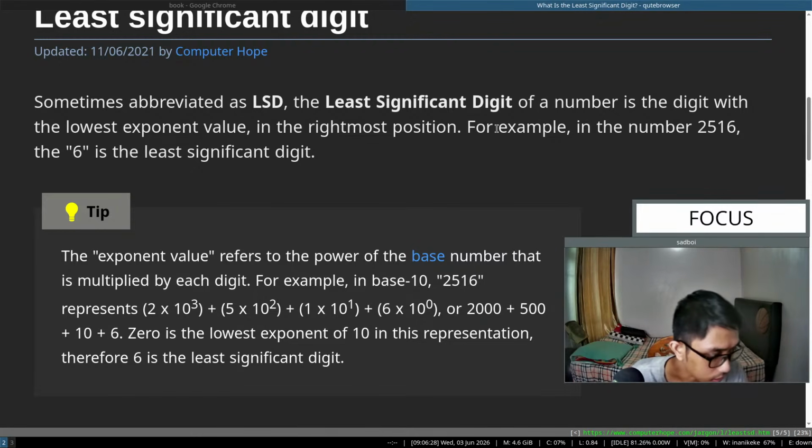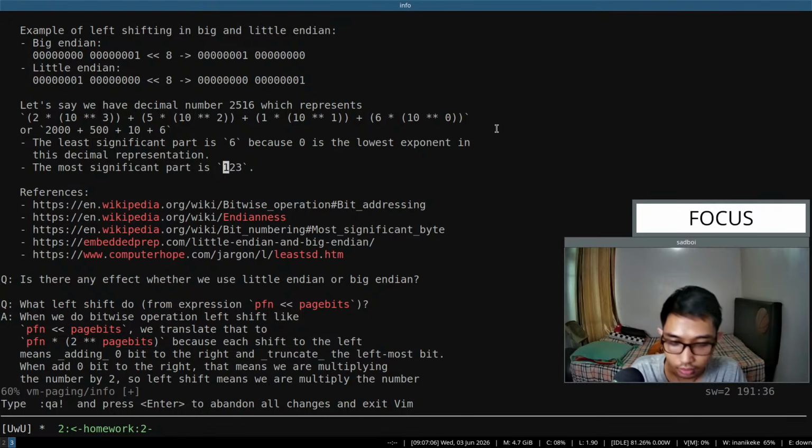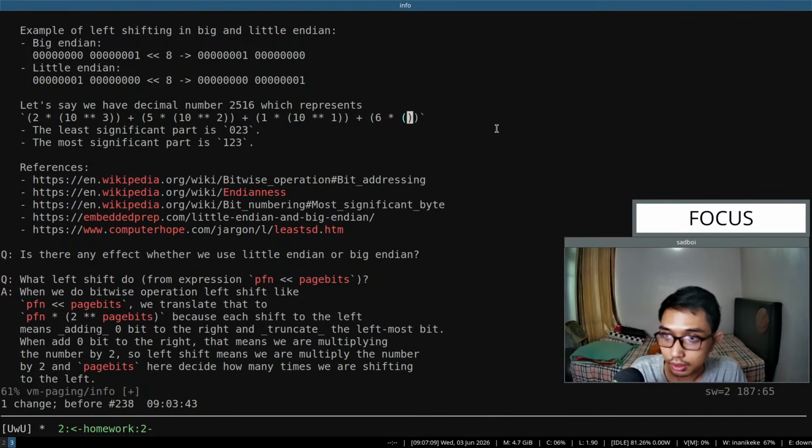But notice endianness is about the significant byte and not bit. So we are talking about significant digit, but, alright, we are not talking about significant digit, but the grouping of the digit. Yeah, I just realized that.